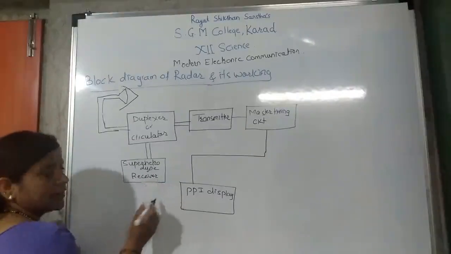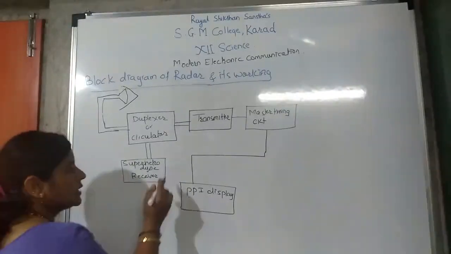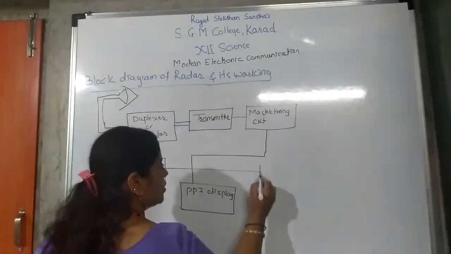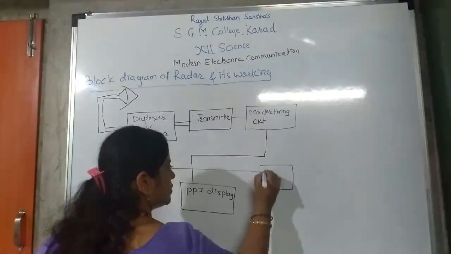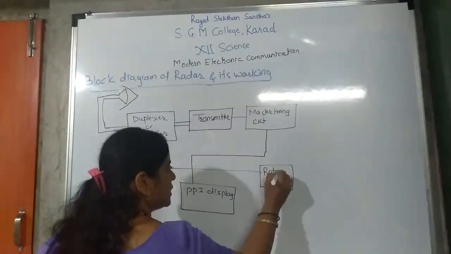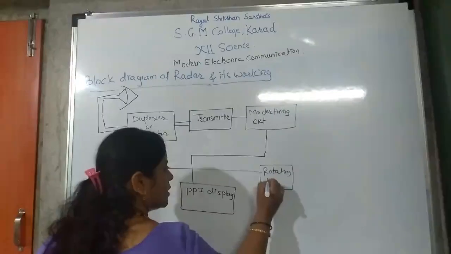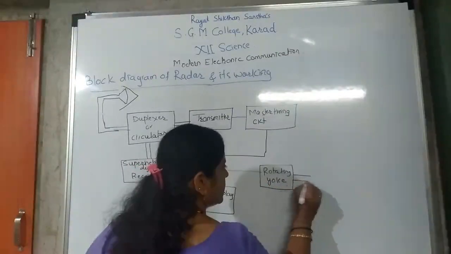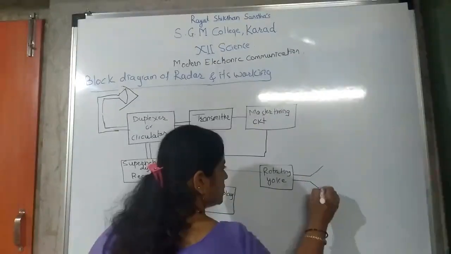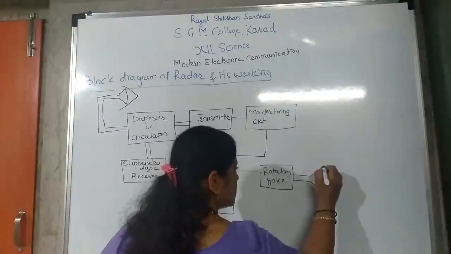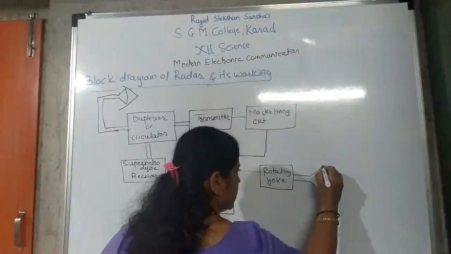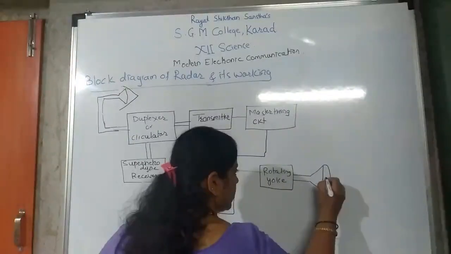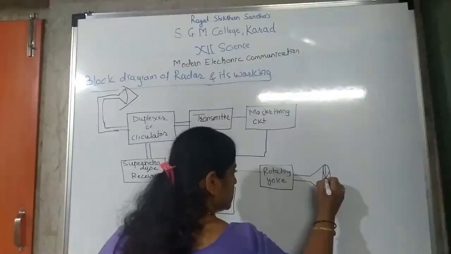And this superheterodyne receiver is connected to another block, that is the rotating yoke, and this rotating yoke is finally connected to the CRT circuit.